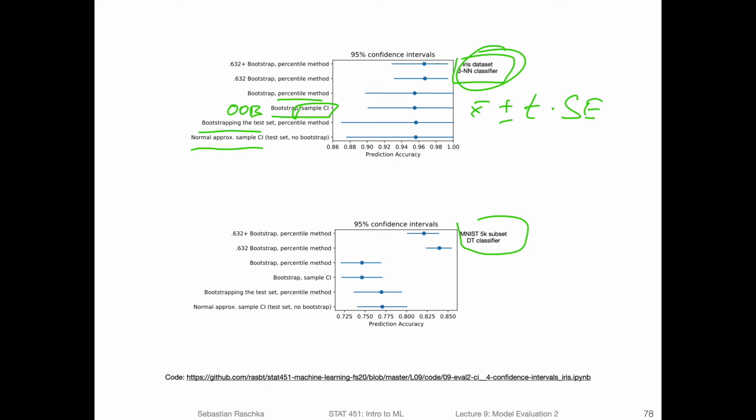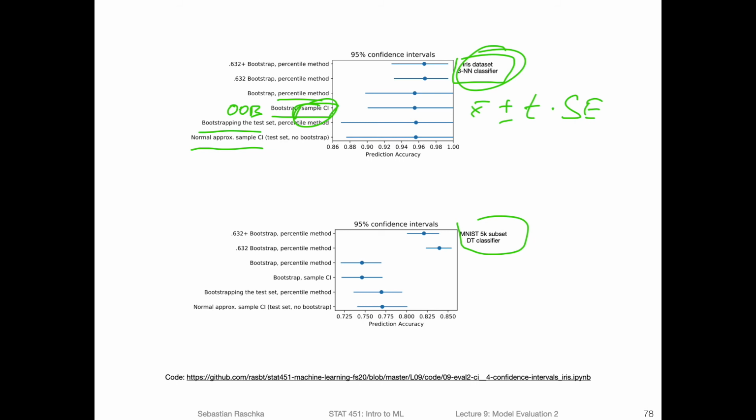So the difference is the percentile method is more based on the distribution of the sample means, and here we compute that by dividing by the square root of n. So if we would estimate it, but in our case, we compute just the standard deviation of the distribution of the sample means, which we have because we repeat the bootstrapping. We discussed that before, so I don't need to go into too much detail here now.